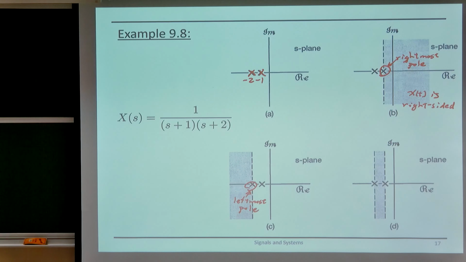If it looks something like this, which is the left half plane, then you know that the time domain signal is left-sided. And in this case, x of t is 2-sided.